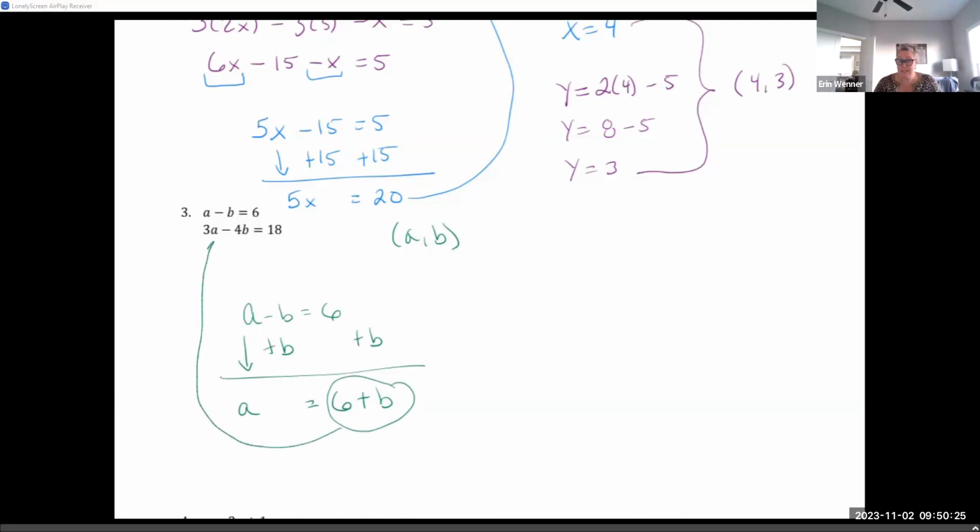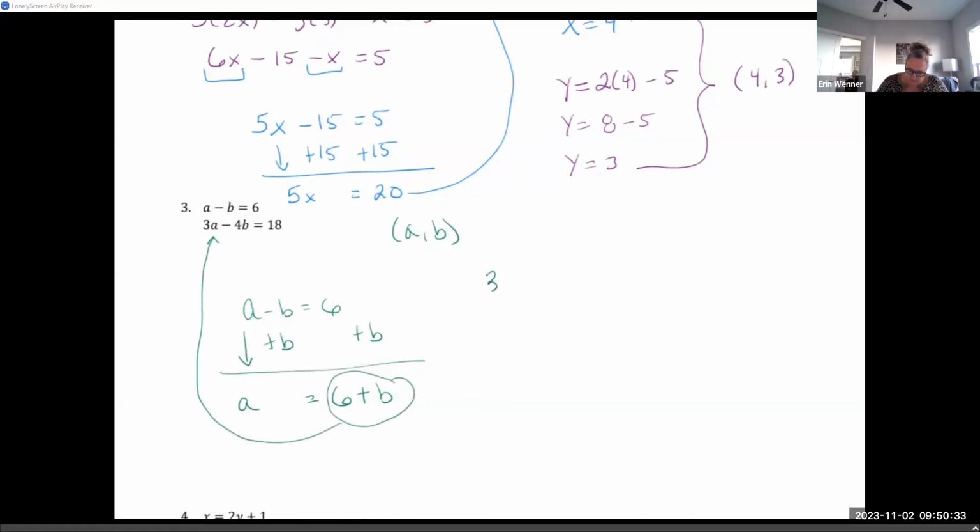Because we had to isolate a variable to be able to substitute it in for that other equation. So when we do that substitution, we're going to have 3 times 6 plus B minus 4B equals 18. So we'll have to distribute.